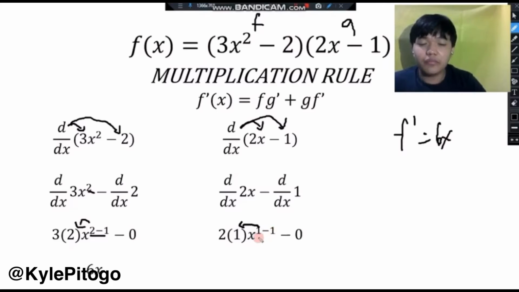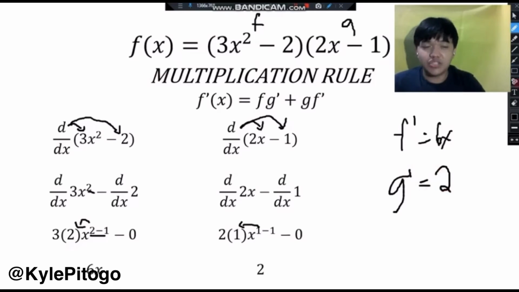Any number with a power of 0 is equal to 1. Therefore, 2 times 1 times 1 is equal to 2. And the derivative of any constant is equal to 0. Therefore, the derivative of 1 is 0. So, the answer is 2. Therefore, the derivative of g is equal to 2.